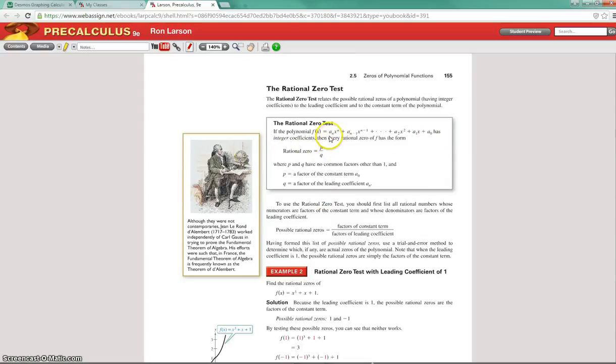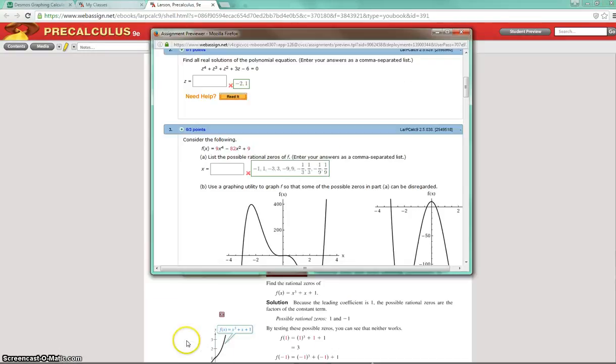That's just taking your very last term, your last coefficient, and your first coefficient and looking at all the different factors. So when looking at this problem, our factors are the same on mine as 9 and 9. So all the different factors are 1, 3, and 9, and then 1, 3, and 9 on bottom.